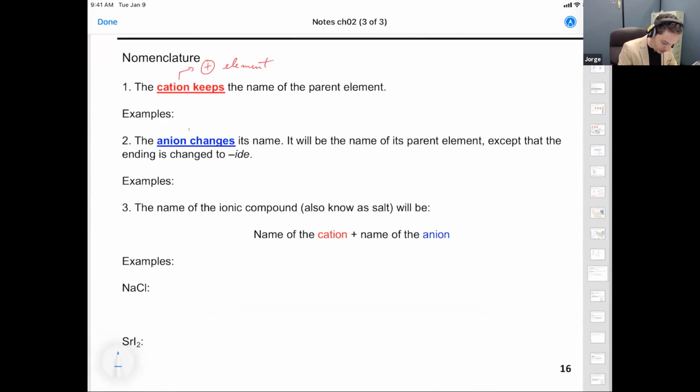Remember here that anion is the negative element in the compound. And the name of the ionic compound, which is also called salt, will be the name of the cation and the name of the anion.